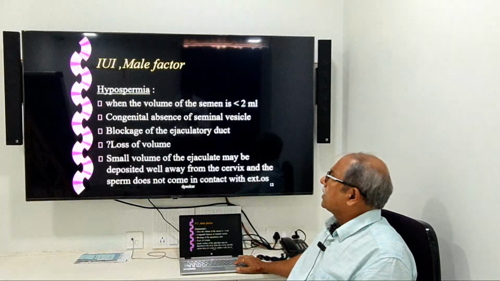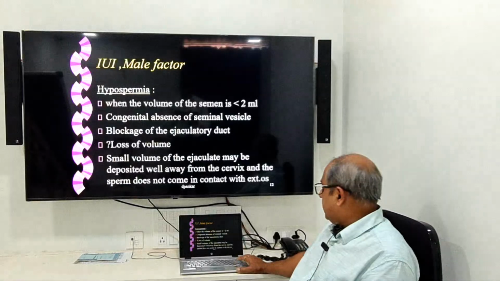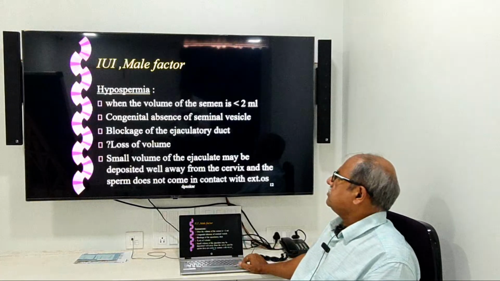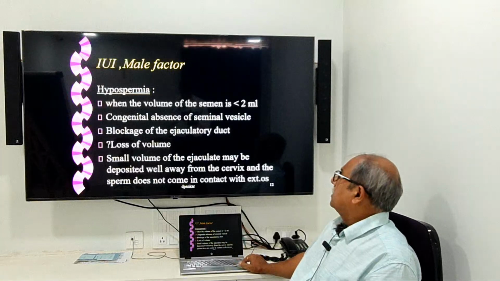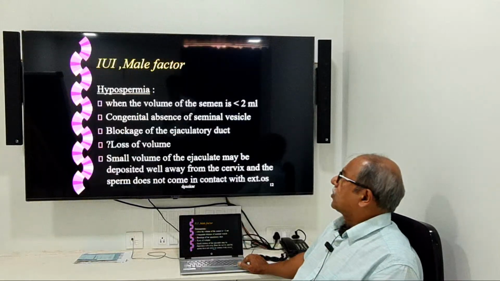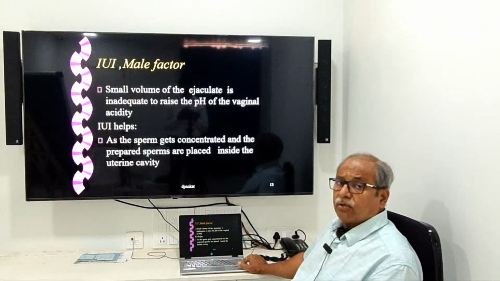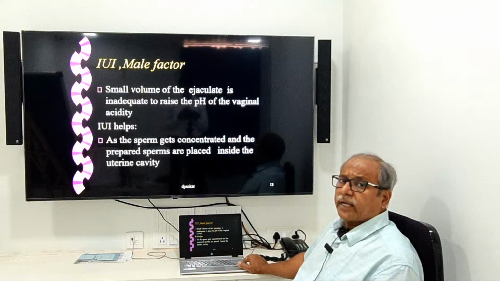So these are a few indications. When there is a problem with the seminal vesicle, we usually don't get too much sperm while doing aspiration from the epididymis.